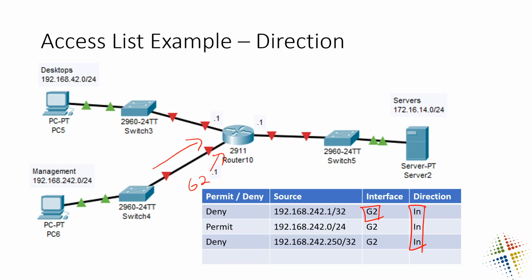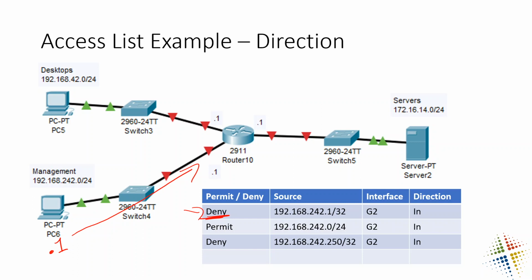Okay, so we can then look at our rules here. We start off again with our deny from 192.168.242.1. Again, if we have a host over here, .1, who's trying to send traffic, from the router's point of view, that is coming into the router and it is being denied. All right, piece of cake.